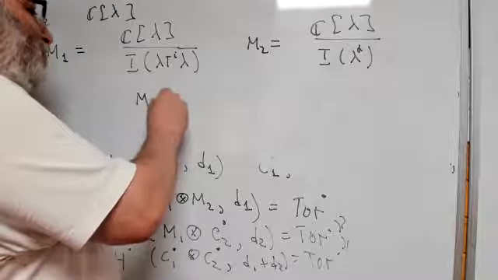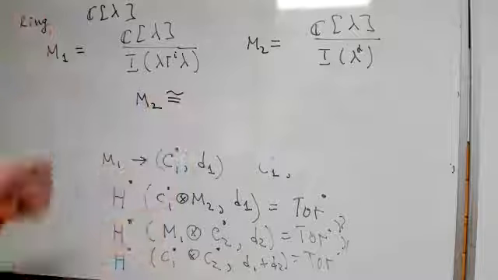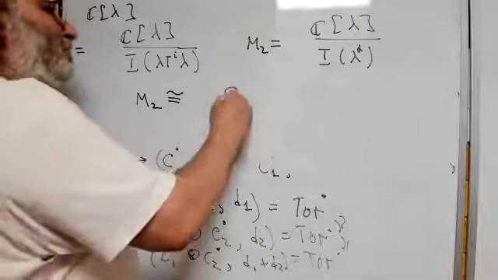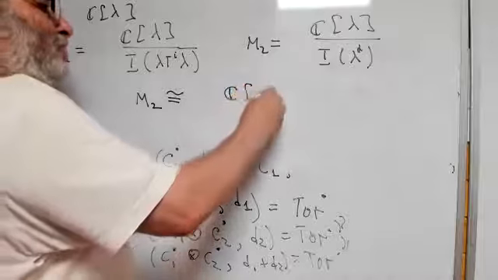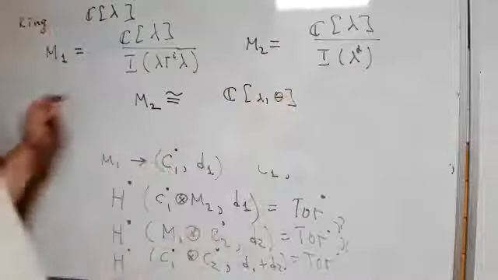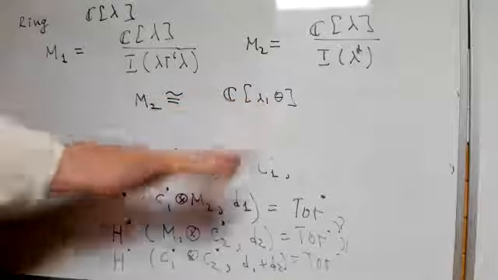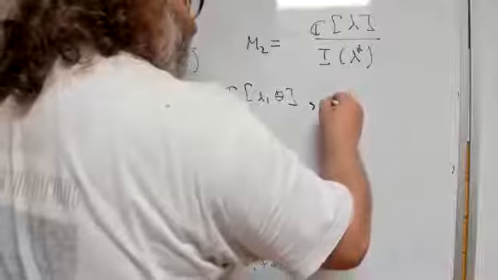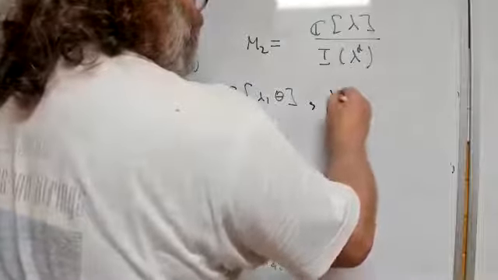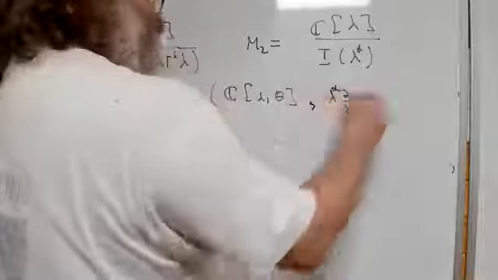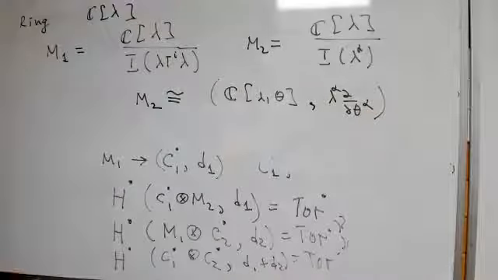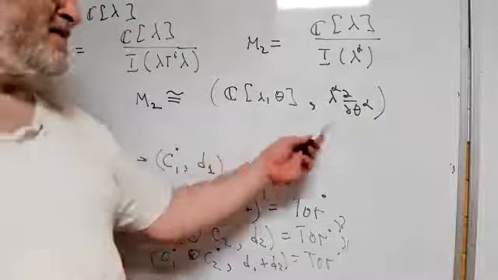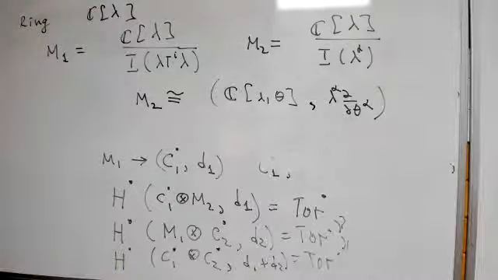Namely, M2 is quasi-isomorphic as a complex to polynomials in lambda and theta with differential lambda d over d theta. From this, it's clear that it is a trivial module.